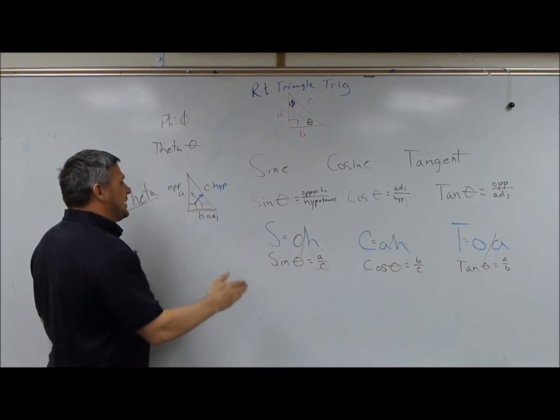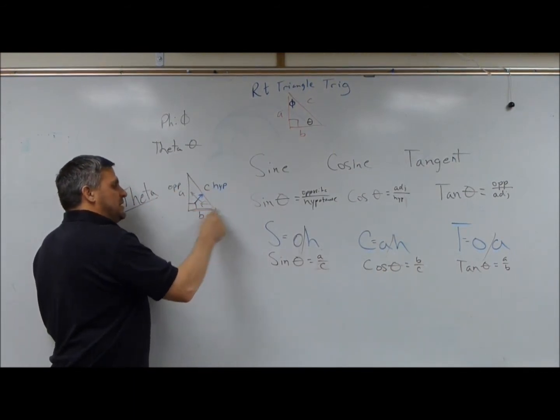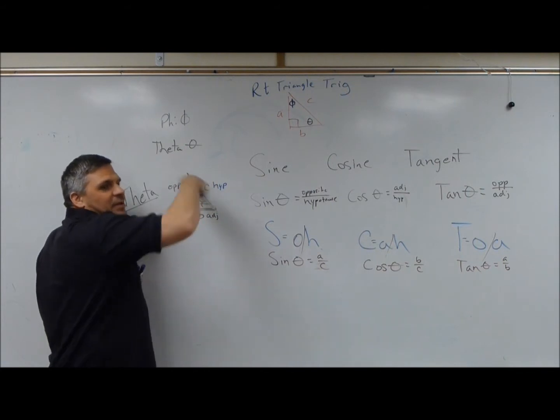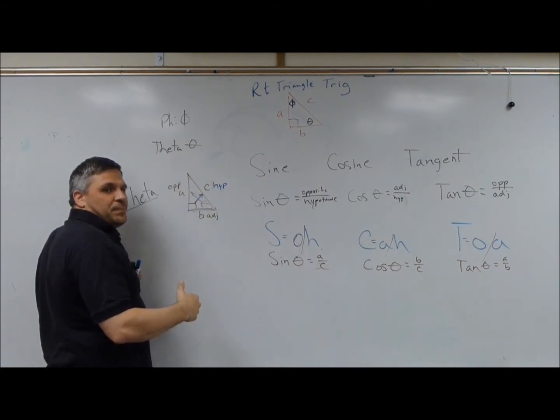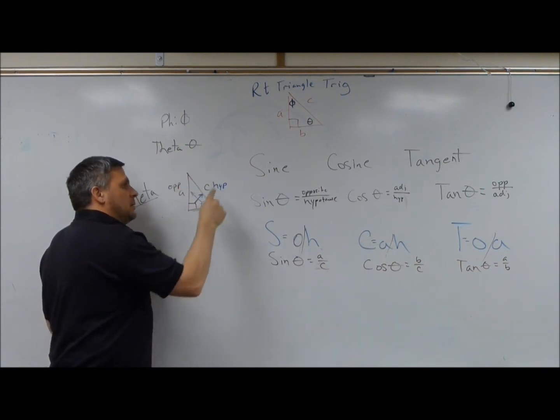So in this case, the adjacent leg is B, but the hypotenuse is still C. So it's B over C.